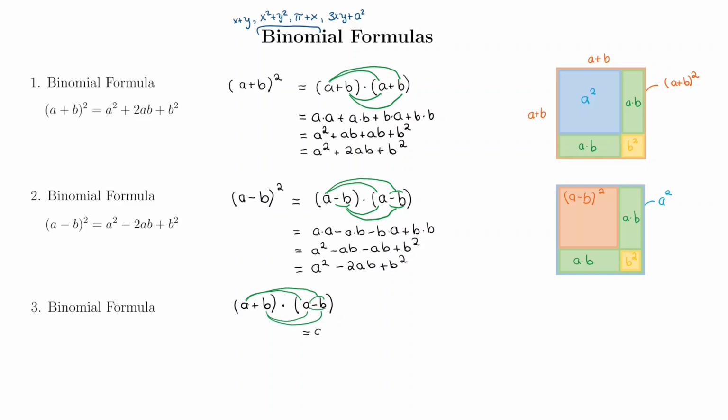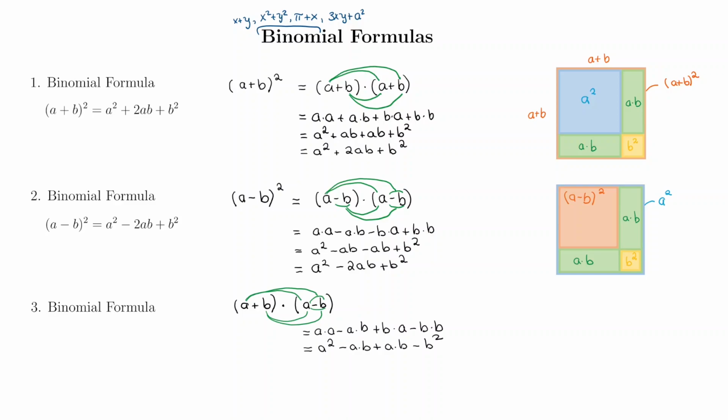We get A times A minus A times B plus B times A minus B times B. This is the same as A squared minus A times B plus A times B minus B squared.